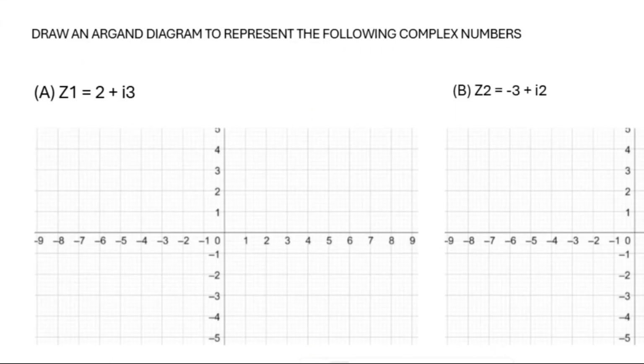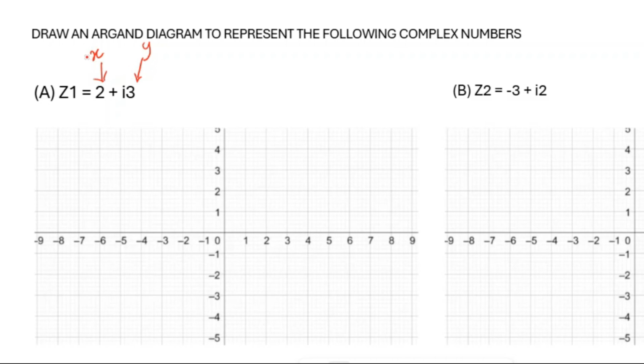Okay, so we want to draw an Argand diagram for the following complex numbers. The first one that we have is 2 + 3i. That is, our z is 2 + 3i. So here, your real part corresponds to the x-axis, and your imaginary part corresponds to the y-axis.